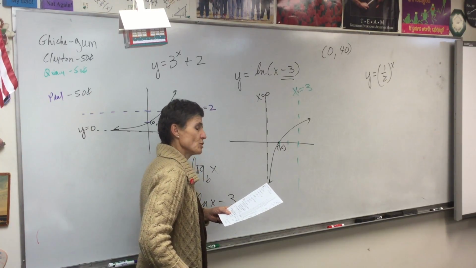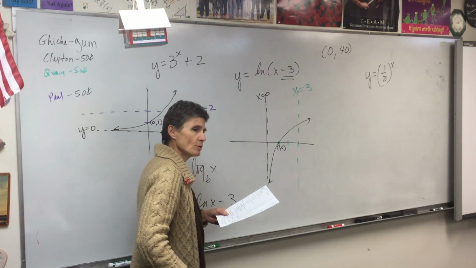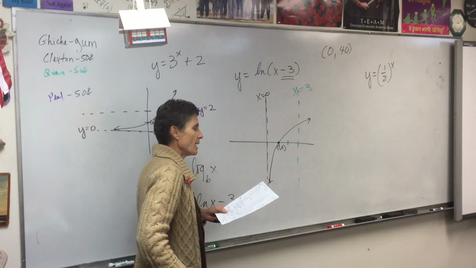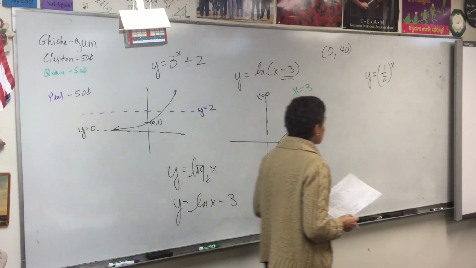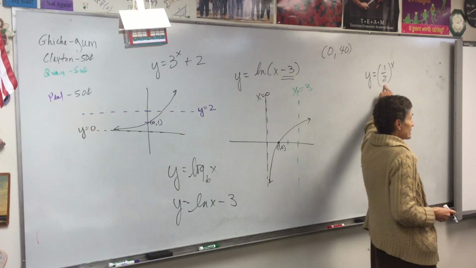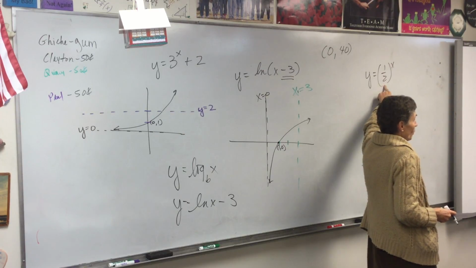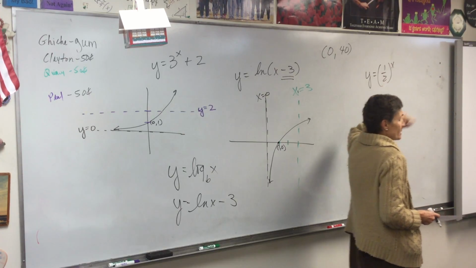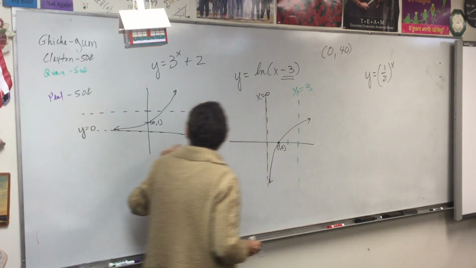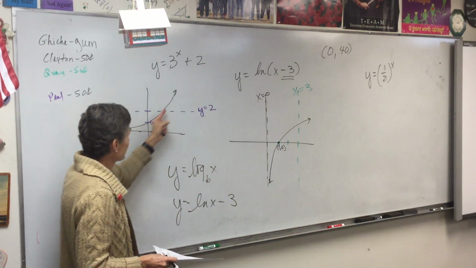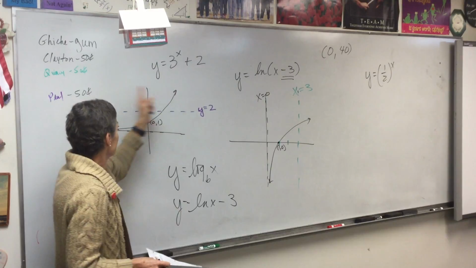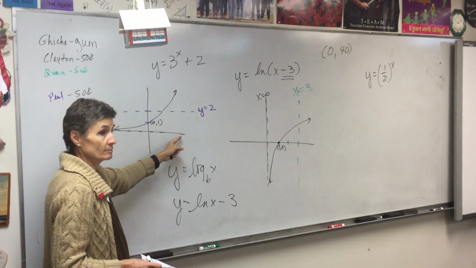Take a look at that equation. Would you say this is a growth equation or a decay equation? Decay. And we know that because the base here is a number less than 1. So this is going to be a decay equation, which means instead of looking like this, it's going to look like this.